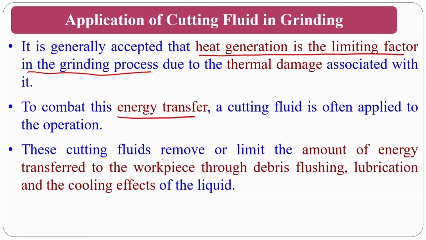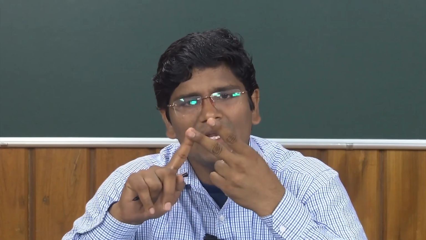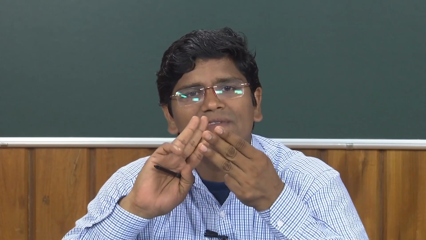And this cutting fluid removes or limits the amount of energy transferred from the workpiece through debris flushing, lubrication and cooling effect. So, mainly three functions: lubrication, cooling and debris flushing. These are the three main functions of the cutting fluid that you are using in the grinding process.